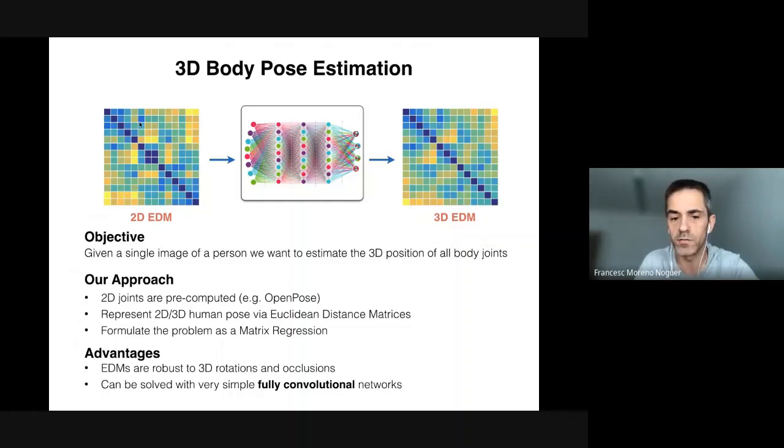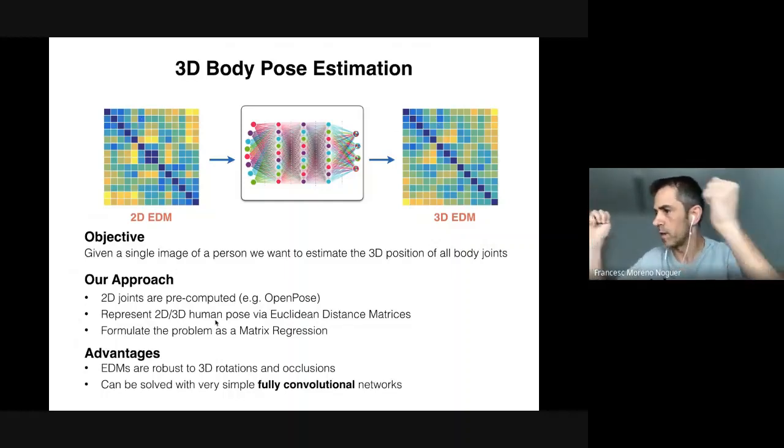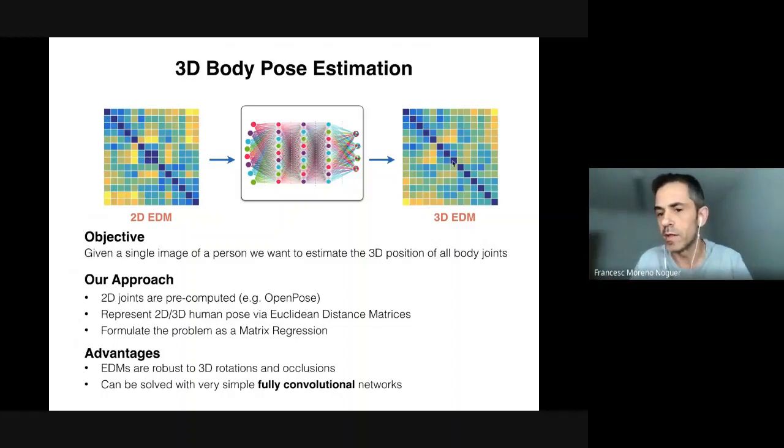For instance, this representation is robust to rotations of the body. If I rotate my body, the 3D Euclidean distance matrix doesn't change, all right? The distances between the joints remain the same. So this has some interesting properties. And also, by using this kind of rectangular domain, it's much more convenient to exploit convolutional networks. We can apply convolutions on top of this domain.